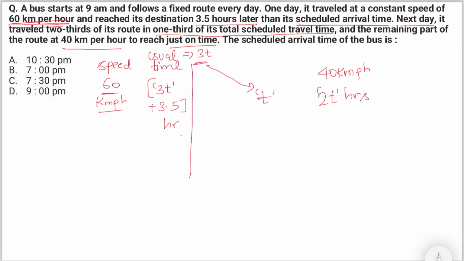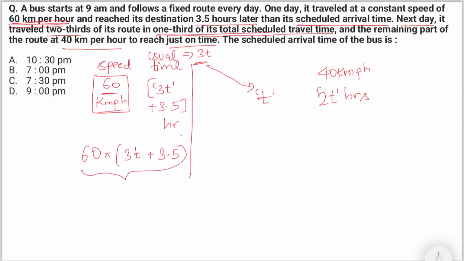Now, many people get confused solving this question. I'll tell you a slight trick to understand things here. Observe that on one day, the speed was 60 and the time was 3t plus 3.5. So the distance will be speed into time, that is 60 into (3t plus 3.5). Now, next day, it traveled two-thirds of its route in one-third of its scheduled time.